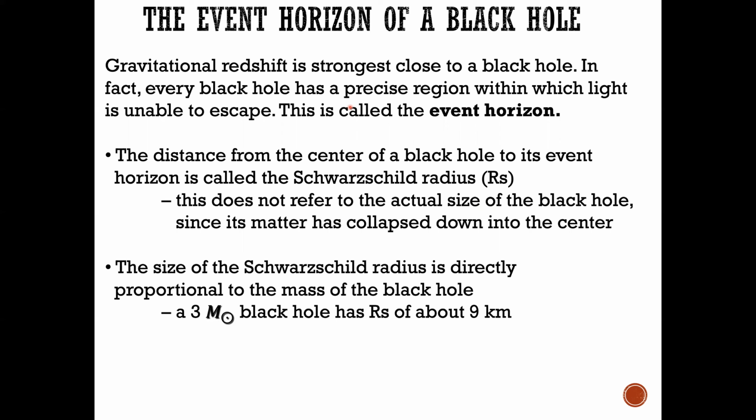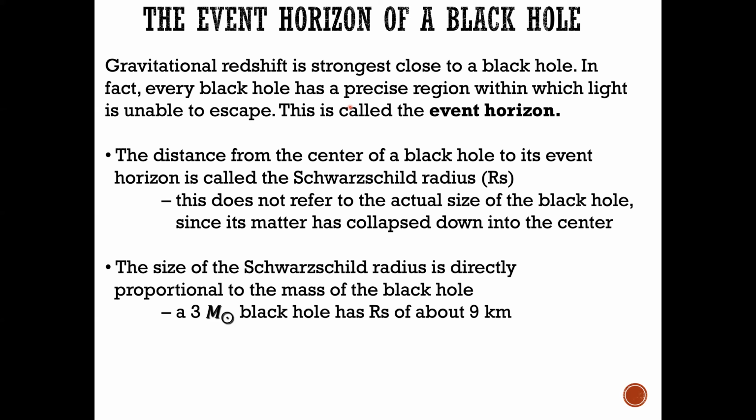Now, if somebody passes through that event horizon, you will never be able to come back again, right? And that particular region, if you pass through it, you cannot come back, which means even the light is unable to escape, right?